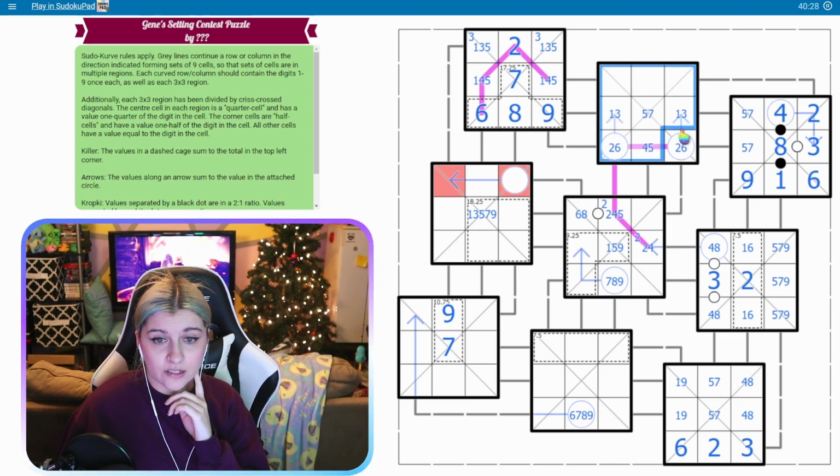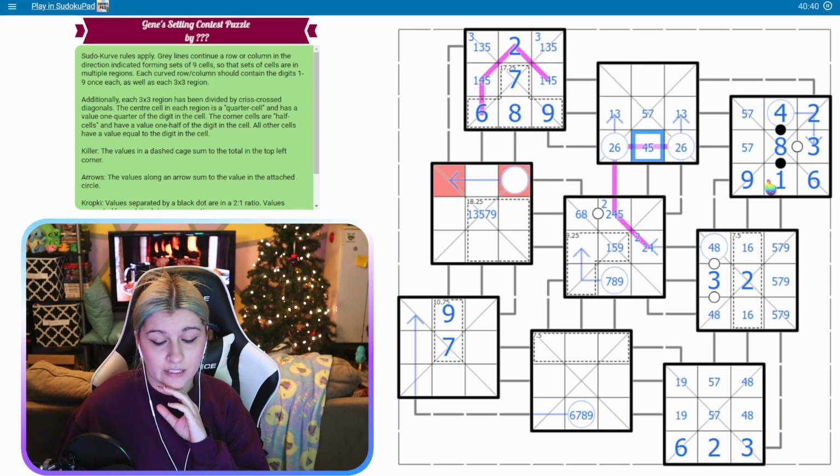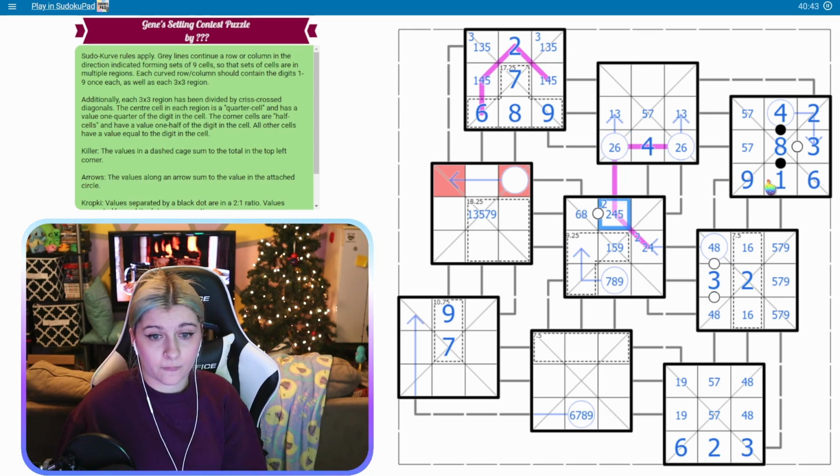This region is getting wild. There's definitely a 4 here. So this can't be 4. So the only place 4 can go in here is right here. Meaning this is not a 4 and this is not a 4. It is a 2, so this is a 5.